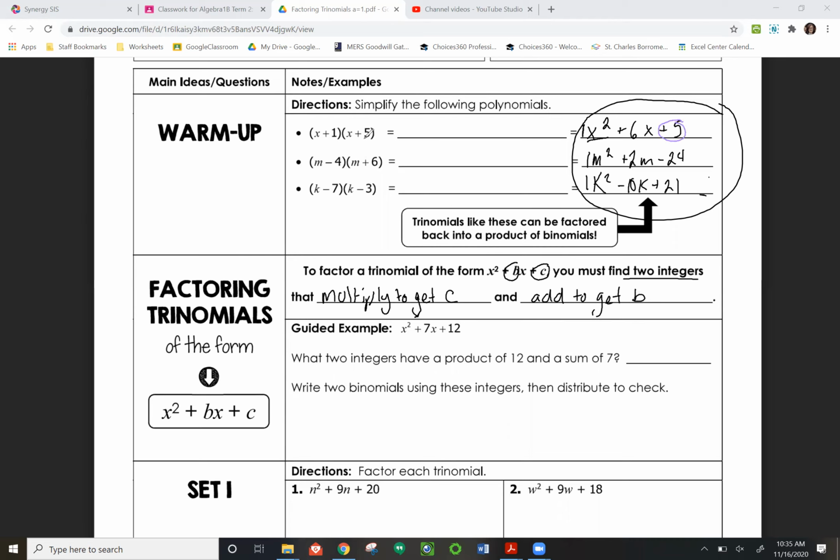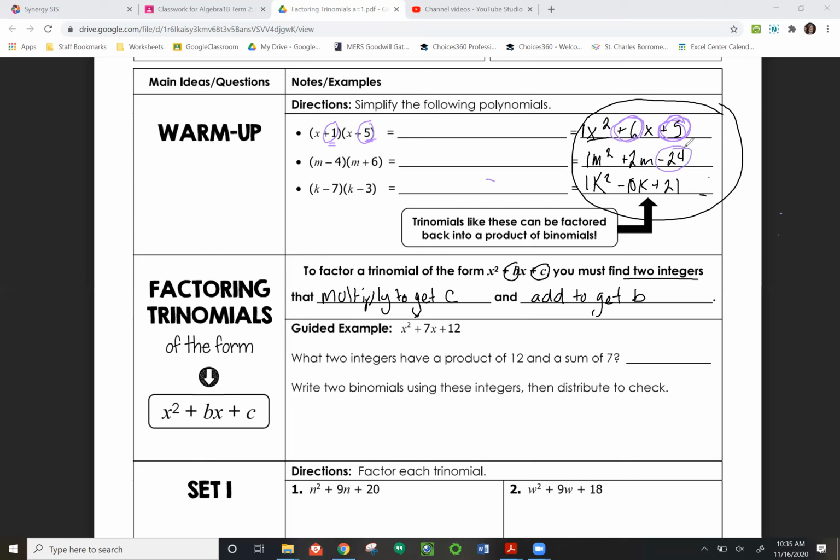The 5 came from multiplying these 2 numbers together. Where did the 6 come from? The 6 came from adding those 2 numbers together. So when we work backwards, we're asked to find what these 2 numbers are. We ask ourselves, what 2 numbers multiply together to get 5 and add together to get 6?